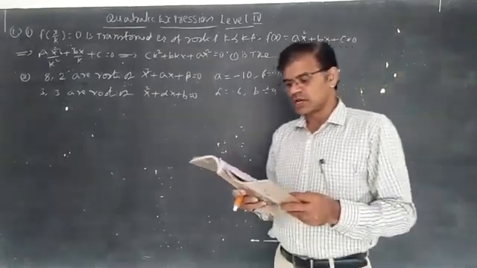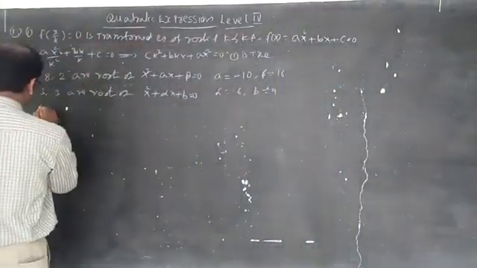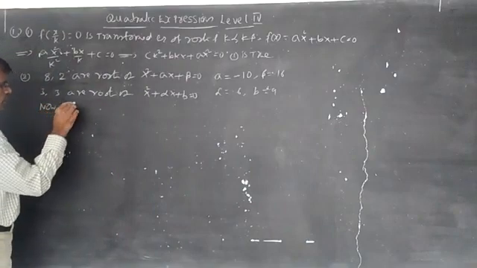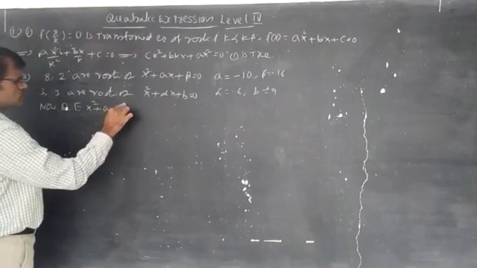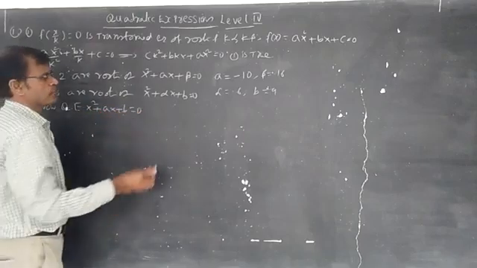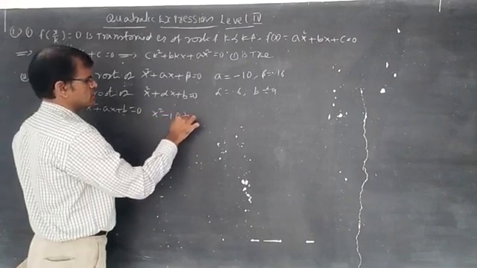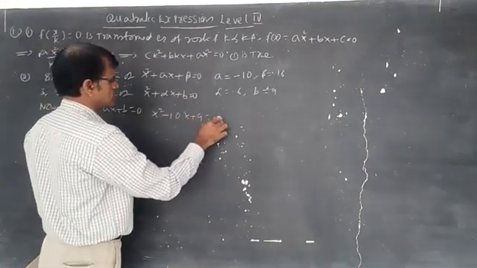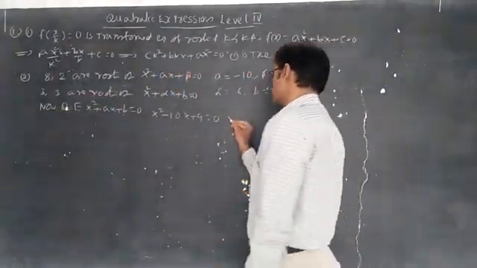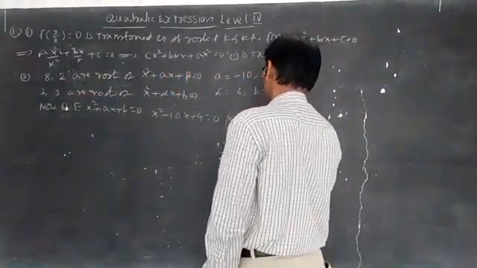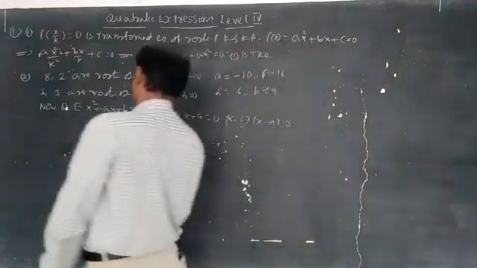Then we should calculate the roots of the quadratic equation x square plus ax plus b is equal to 0. So x square plus a means minus 10x plus b means 9 equal to 0. Split the middle term by factorization, we get x minus 1 into x minus 9 is equal to 0. So x is equal to 1, x is equal to 9.